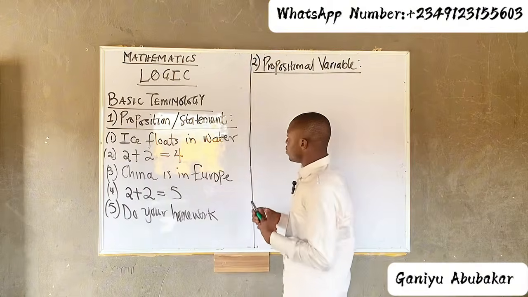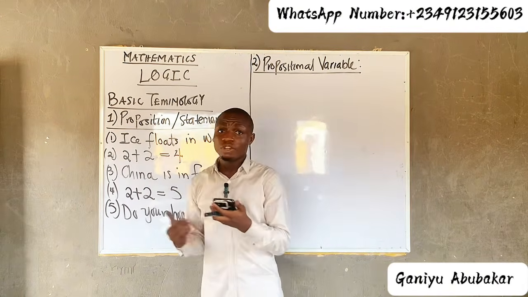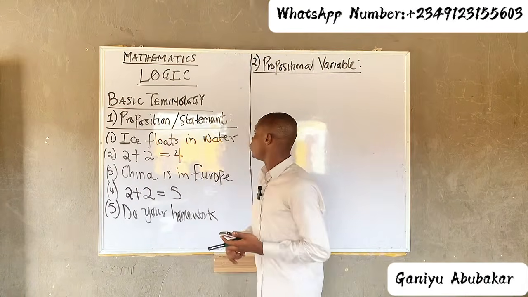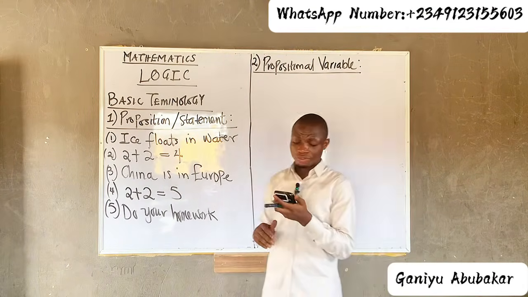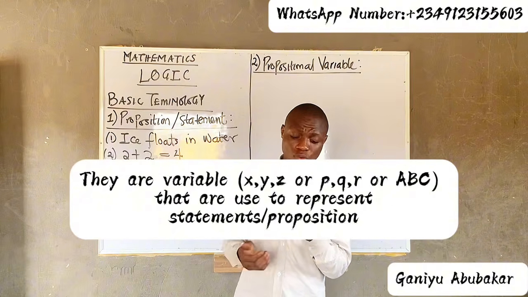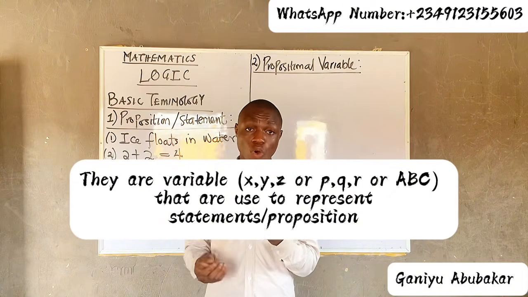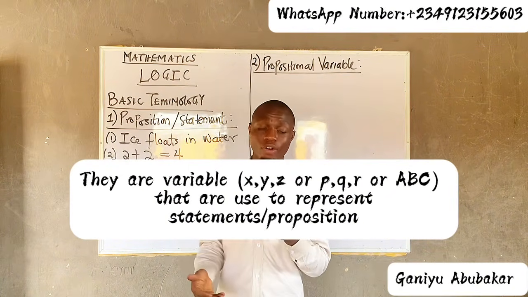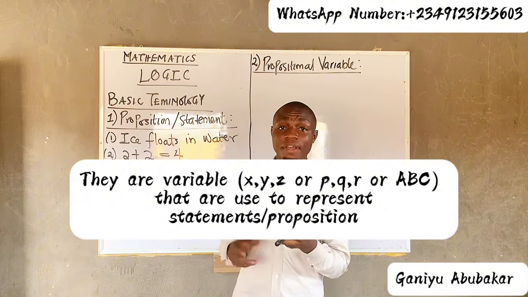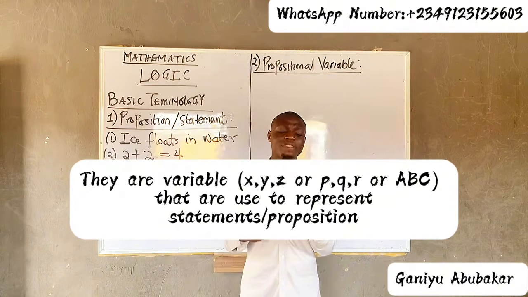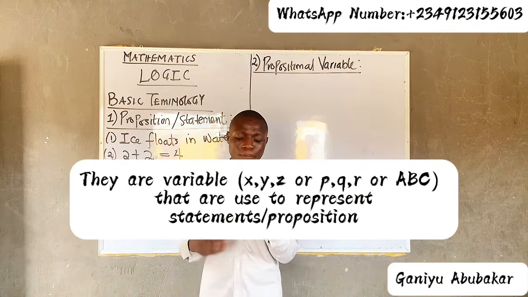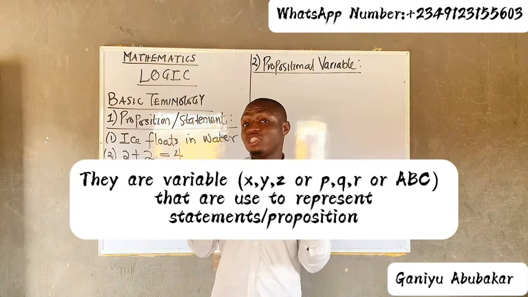All right. So the second terminology in the study of logic is said to be propositional variable. By definition, these are variables x, y, z, or P, Q, R, or capital A, capital B, capital C, that are used to represent a statement or proposition.